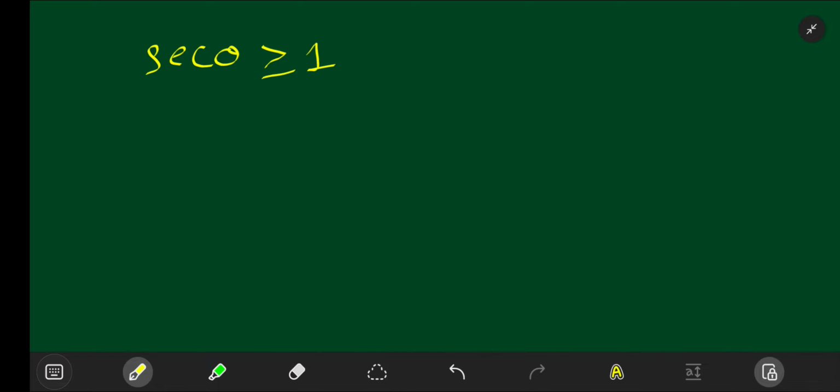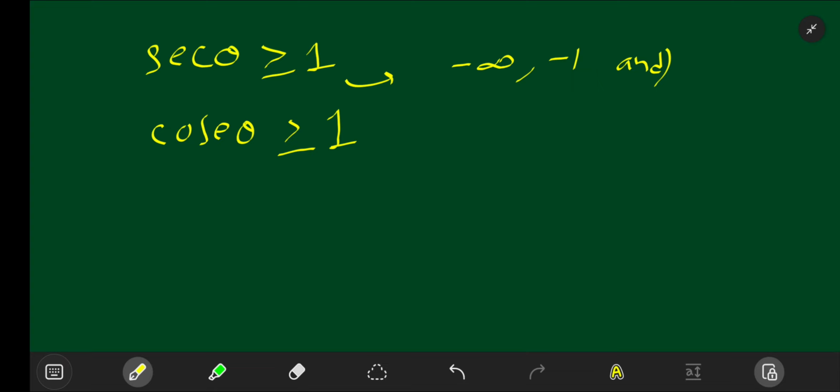Next, cosec theta. Cosec theta is also the same. It is also greater than or equal to 1 in magnitude. That means its range is between minus infinity to minus 1 and plus 1 to plus infinity.